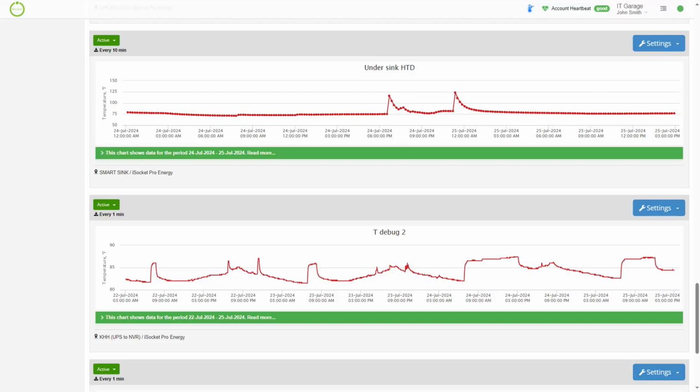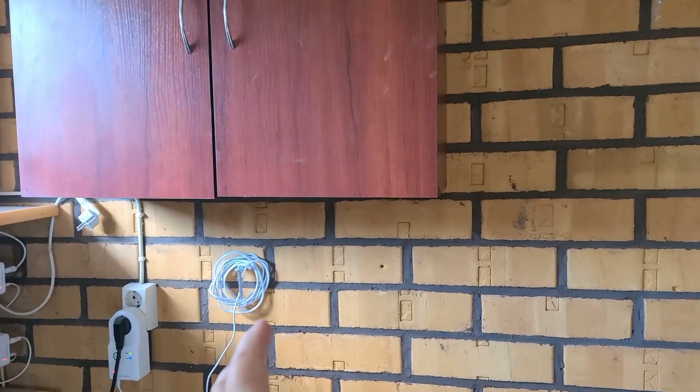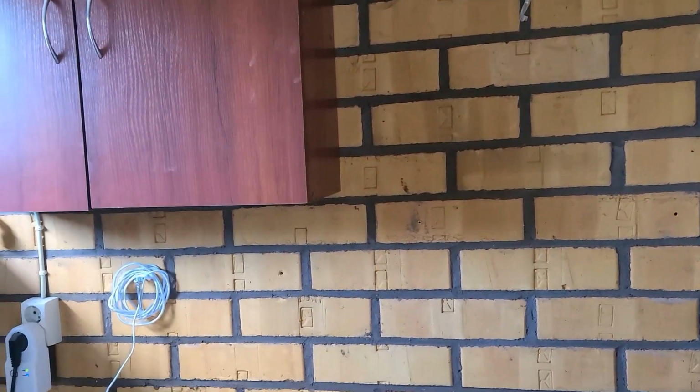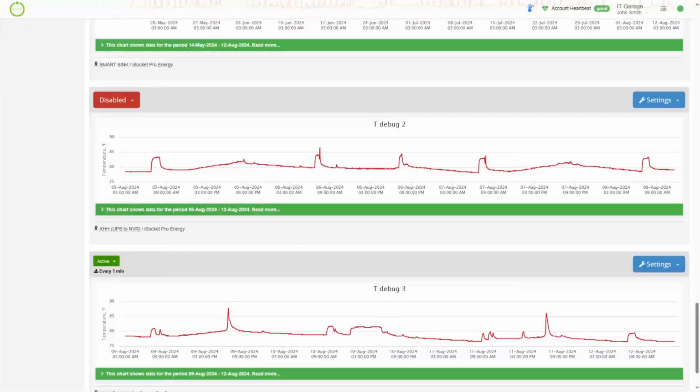So here are two sensors for debug, that one and this one. Let's talk about them. Okay, guys, here are two profiles for the temperature. I switched to Fahrenheit. I just want to tell a few interesting things about them, because many people think that the temperature in their house is quite constant.